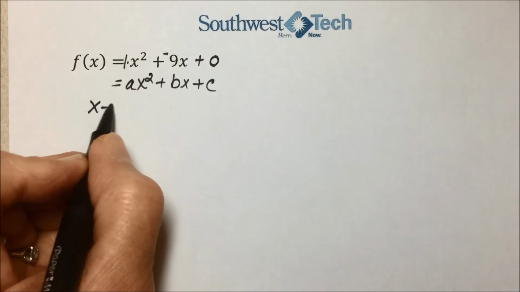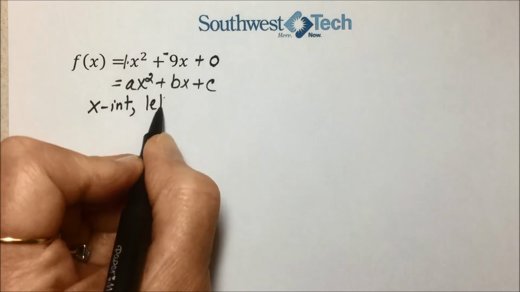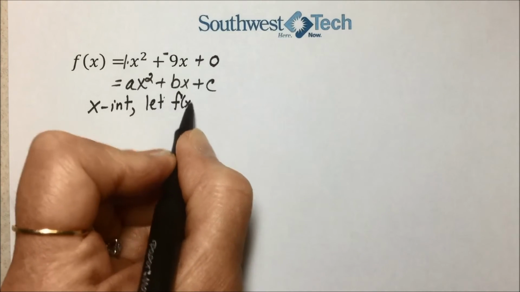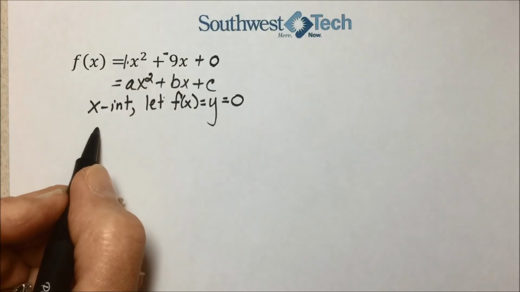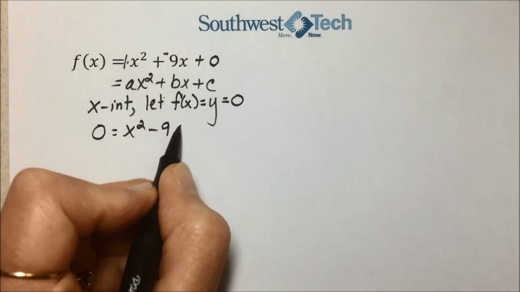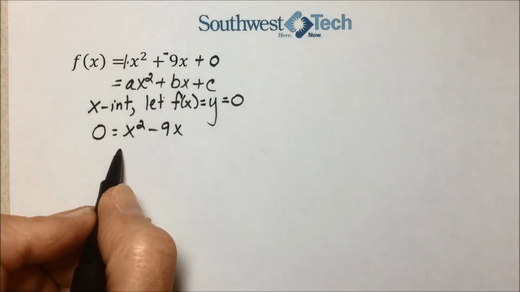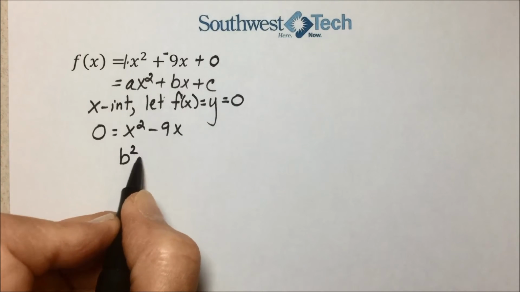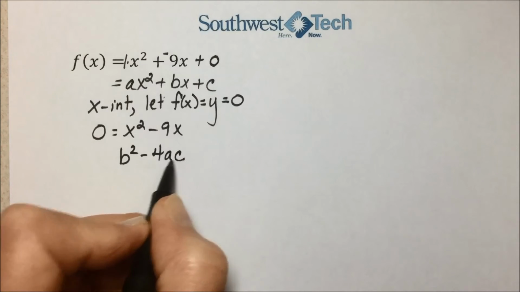To find the x-intercepts, we let f of x, or our y, equal 0. So we have 0 is equal to x squared minus 9x. We can use our discriminant to determine the nature of those roots, which is b squared minus 4ac.